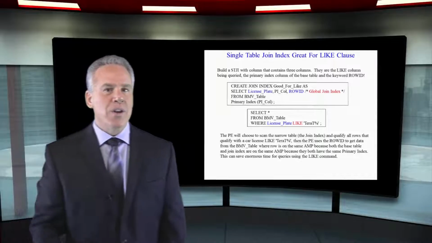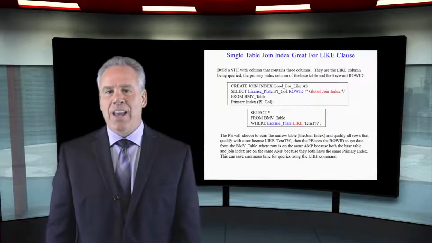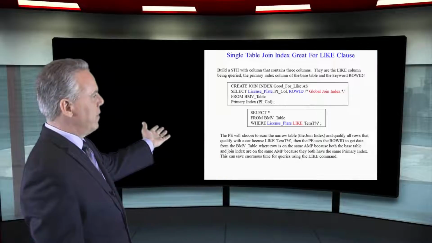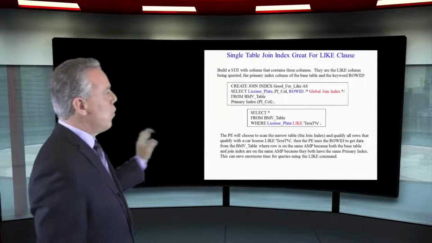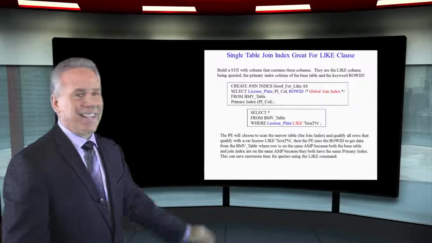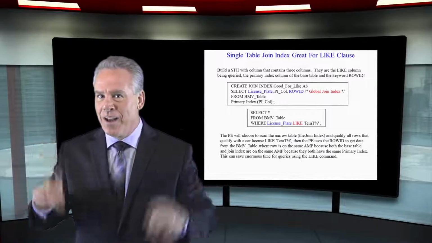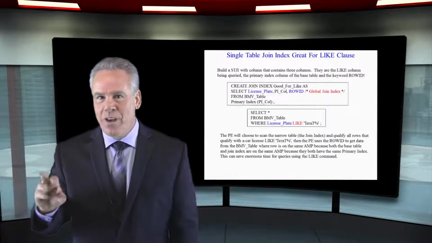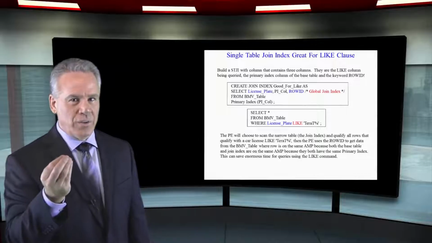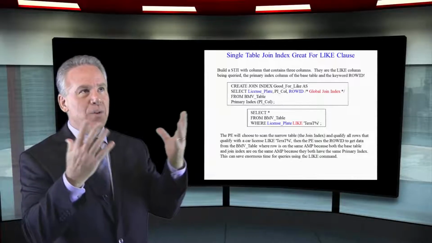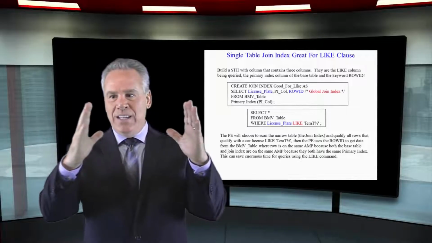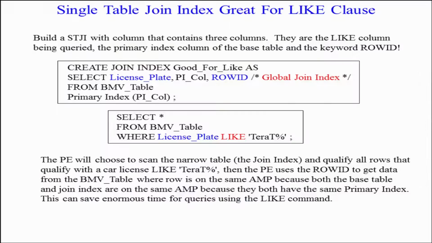So when someone runs a query and says, select everything from the BMV table where the license plate is LIKE 'Tera%', the parsing engine is going to say, don't read the 10 million rows from the BMV table that has 100 columns in it.